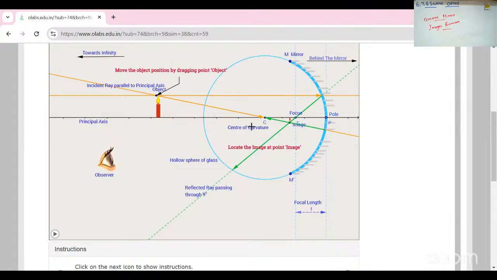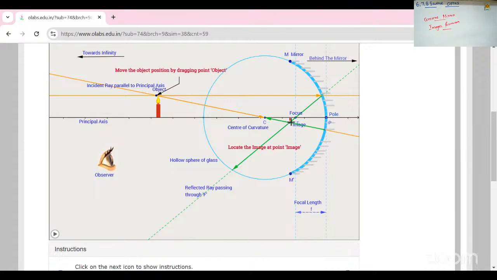What is the pole point? What is the center of curvature? What is the principal axis? And then the principal focus, which is the letter F. A beam of light incident parallel to the principal axis, after reflection from the spherical mirror, meets at a fixed point on the principal axis.